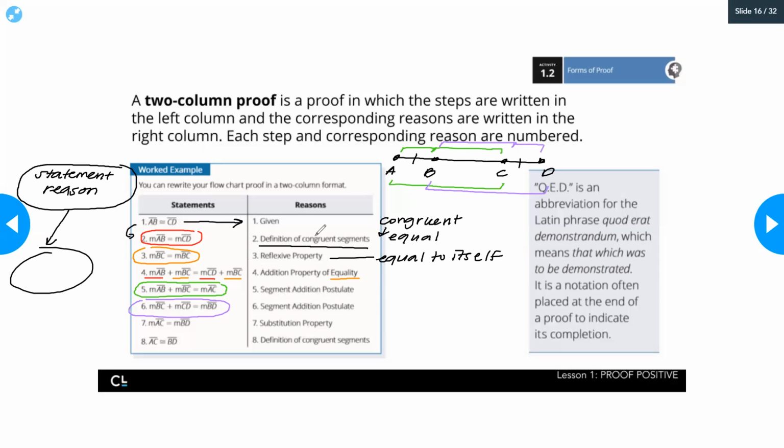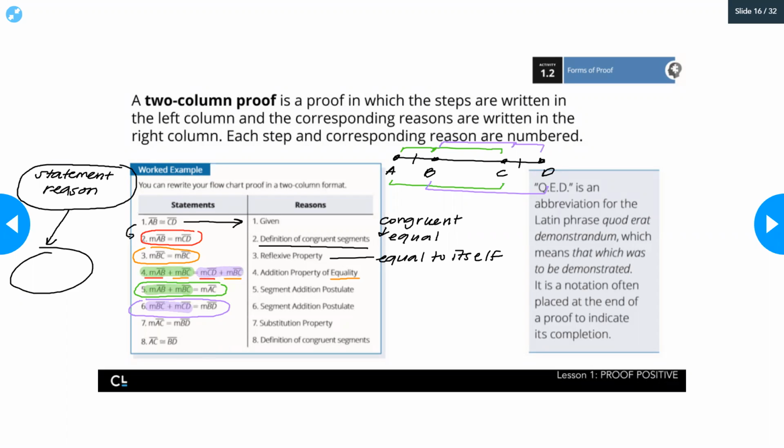Now, using this information, because here is where all of the magic happens, taking a look at AB plus BC. We knew this already from this line up here, okay? And we also knew BC and CD from this line up here.